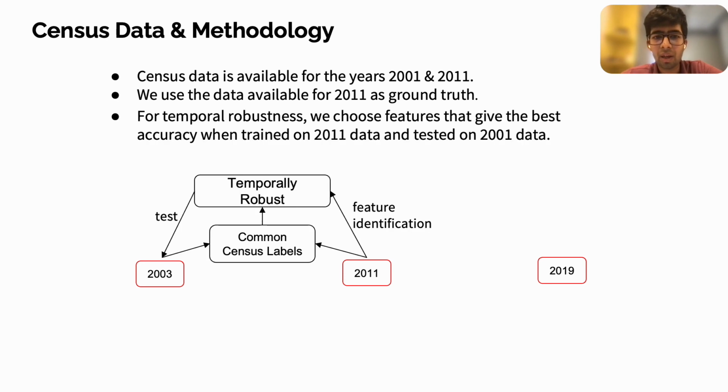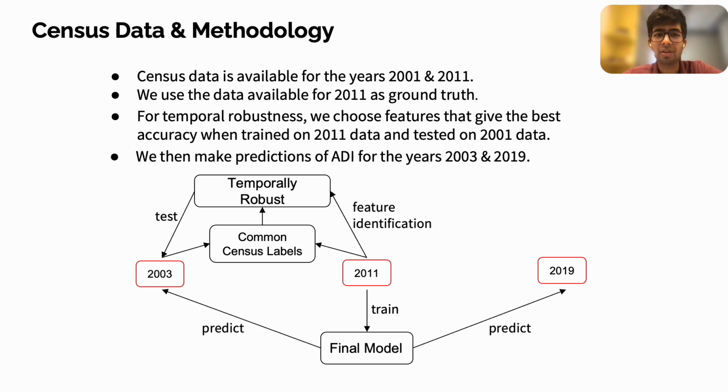Next, to achieve temporal robustness, we choose features that give best accuracy when trained on 2011 and tested on 2001 data. Finally, we use these sets of features to train our final model and generate outputs for 2003 and 2019.